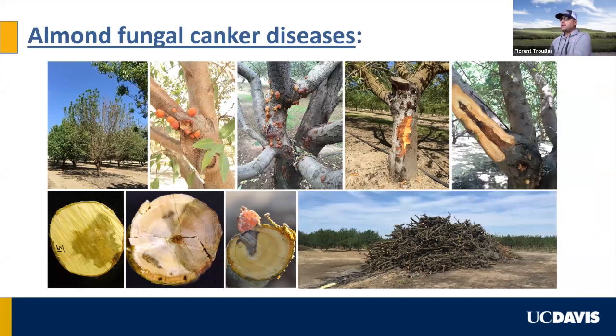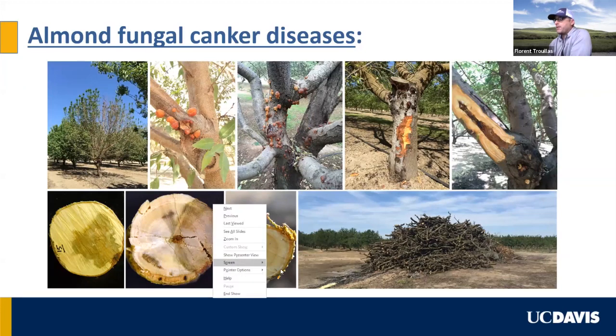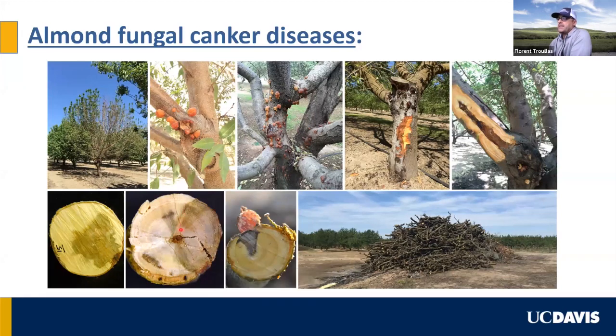When we talk about almond canker disease, we want to distinguish fungal canker diseases, as illustrated in these pictures. Almond fungal canker diseases are the various diseases that affect the wood and the bark of trees. You can see here wedge-shaped discoloration and irregular discoloration.